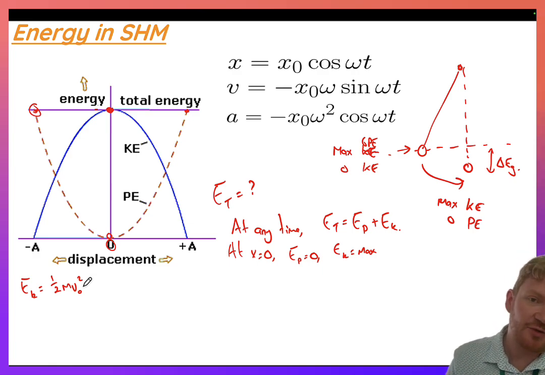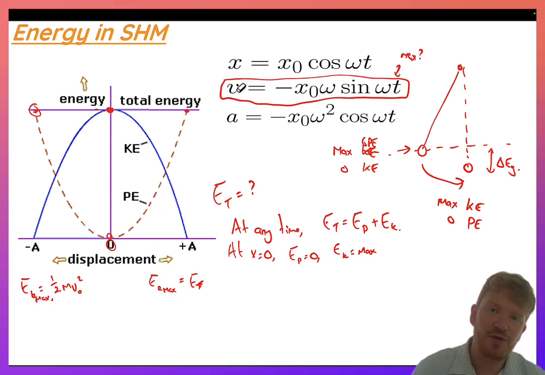So that is going to give me its kinetic energy at the maximum point. What is v naught, the maximum velocity? If I come back to this equation, this will be maximum when sine omega t is 1, because the biggest that sine of anything can be is 1.